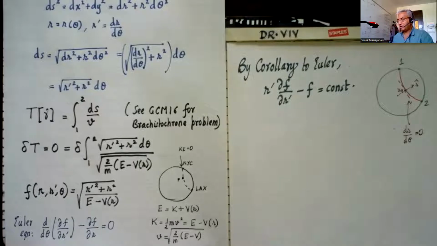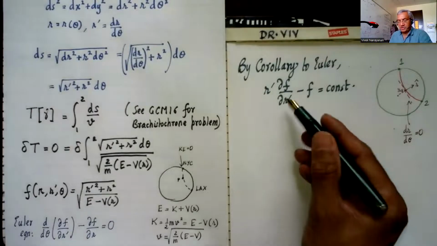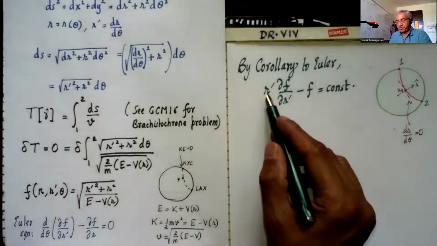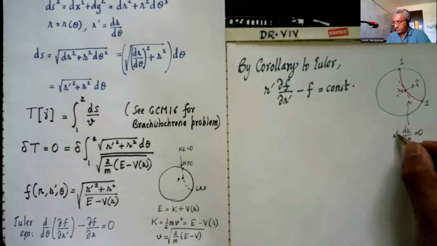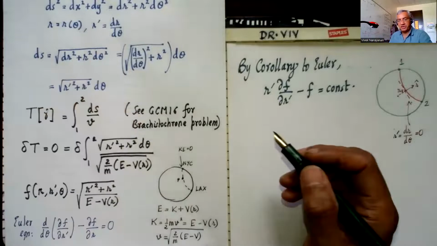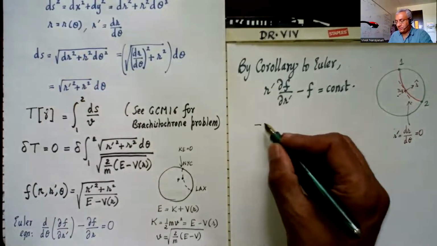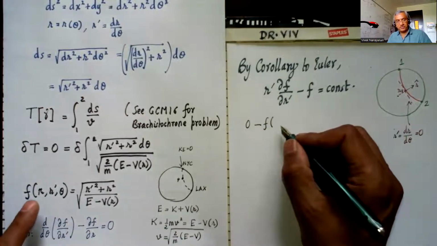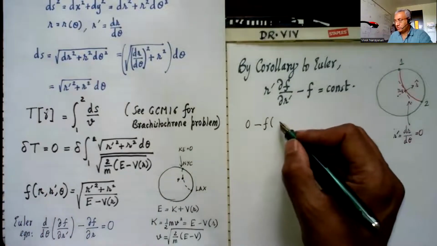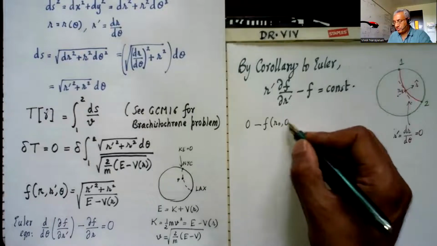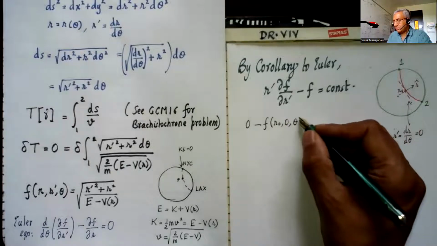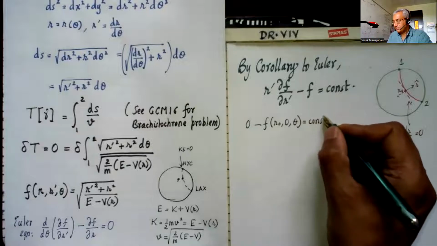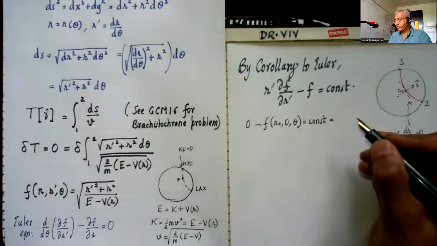Now, let's impose that condition. So if dr by d theta is 0, that means r prime is 0. That's r prime, because r prime is dr by d theta. So this part vanishes. So I'm going to get negative 0 minus f of, f is a function of three things: r, r prime, and theta. So it's going to be a function of r naught, r prime is 0, and theta, and must be equal to a constant. And what is that equal to?